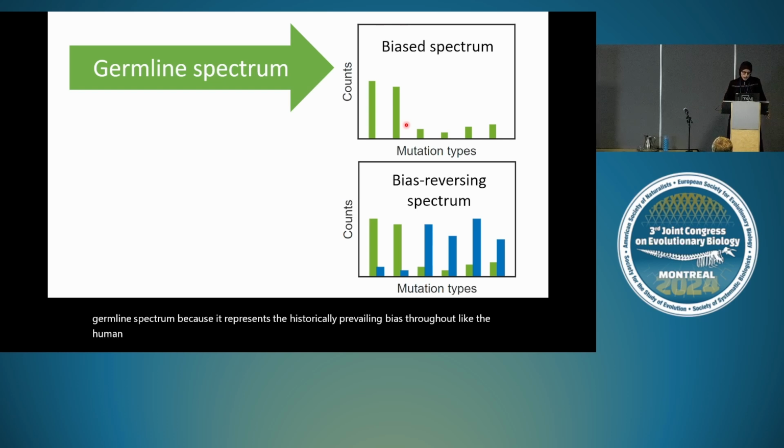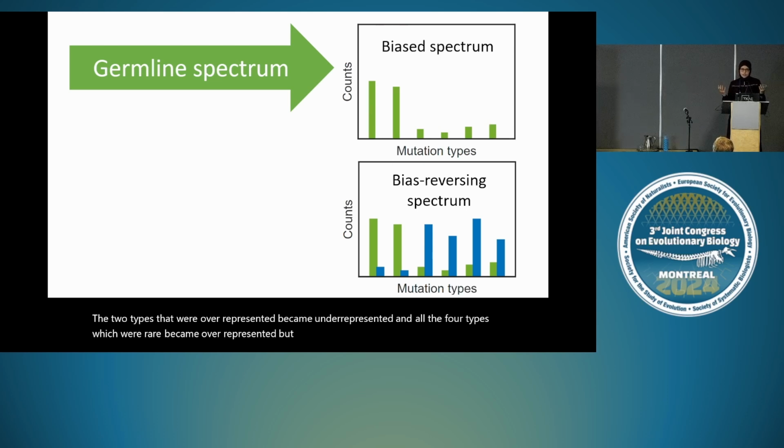And so in this example that I showed you earlier, the reversal from this historically prevailing bias to this blue spectrum is perfect, because the two types that were overrepresented became underrepresented, and all the four types, which were rare, became overrepresented.